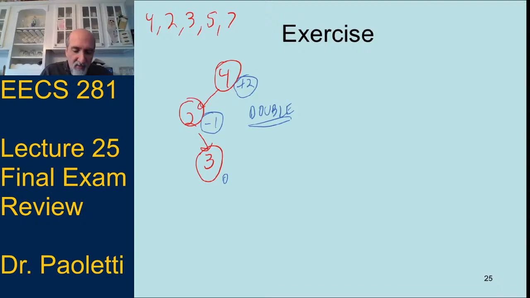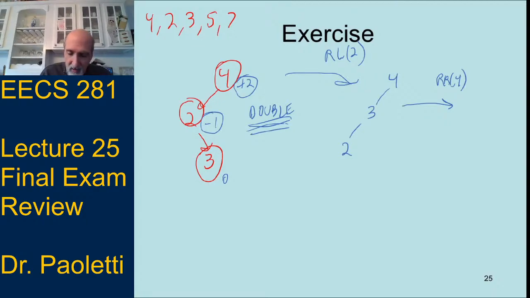So the first thing I've got to do is a rotate left at 2. So rotate left at 2 produces 4, 3, 2, and the double rotation there reminds me I'm not done yet. I've got to do a rotate right at 4.